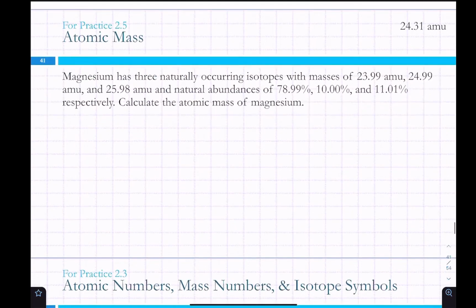All right. So magnesium has 3 naturally occurring isotopes with these given masses and natural abundances, respectively. Respectively meaning that the first mass given goes with the first percent given, second with second, and third with third. Calculate the atomic mass of magnesium.